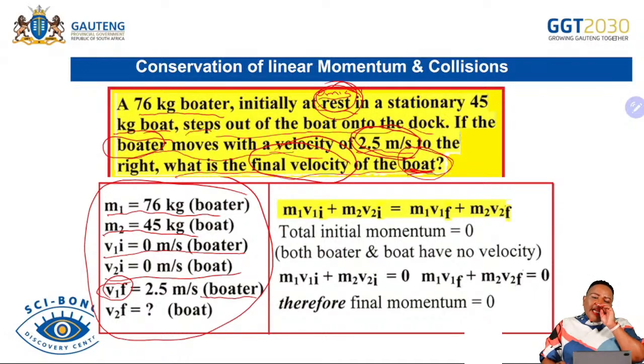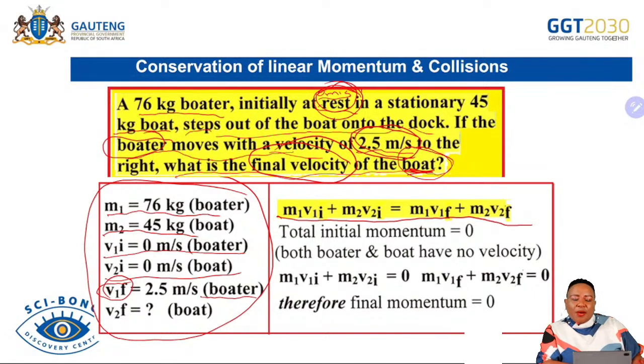So if you have stated all your data like this, the next thing you must do is go straight to the formula of conservation of linear momentum, where you substitute your values and find the final velocity. According to the conservation of linear momentum in a closed system, the momentum before collision equals the momentum after collision.